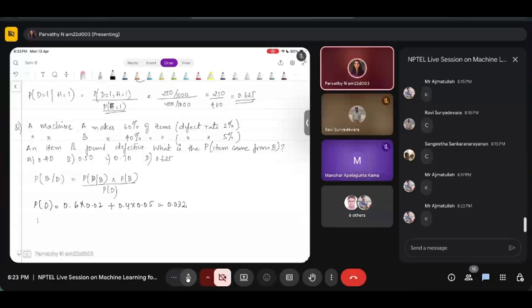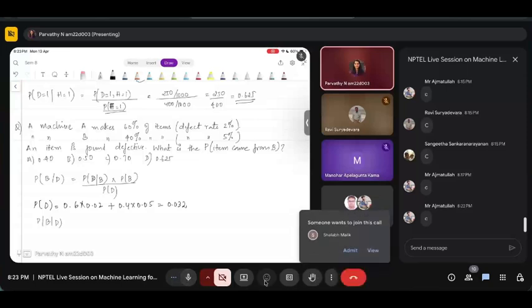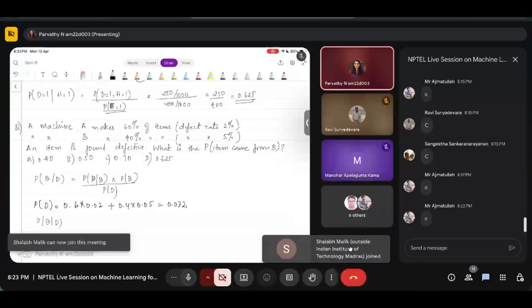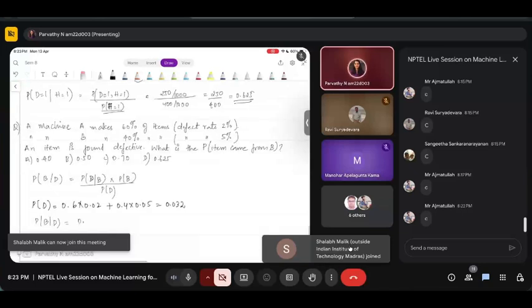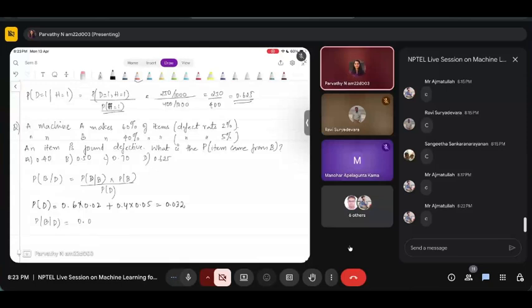Then probability of B given D is equal to probability of D given B, that is 0.05, into probability of B is 40%. So 0.40 divided by 0.032. So this is around 0.625.